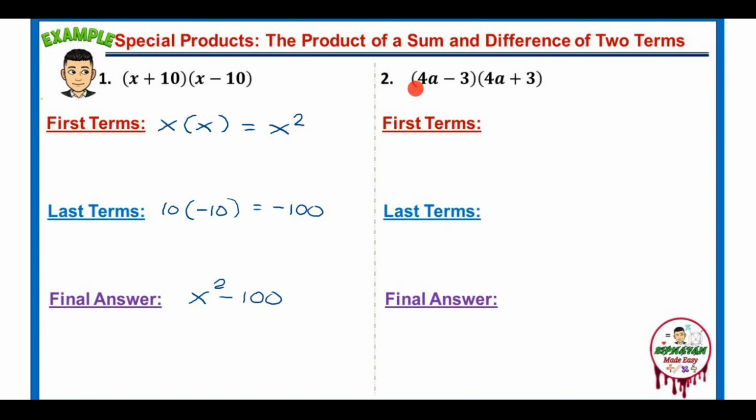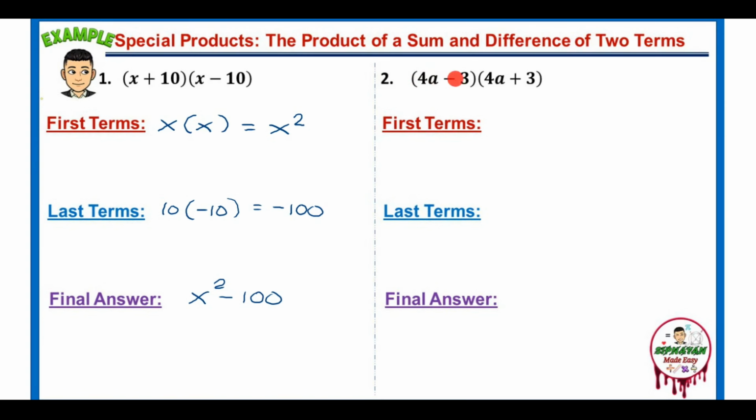In the second example, we have the quantity 4a minus 3 times the quantity 4a plus 3. Since they are conjugate binomials, we're going to multiply their first terms and last terms in order for us to obtain their product.